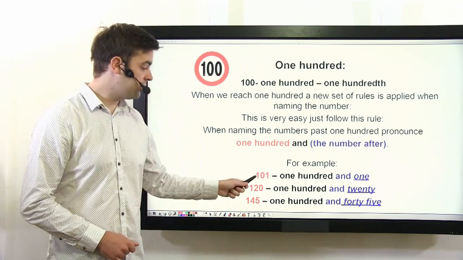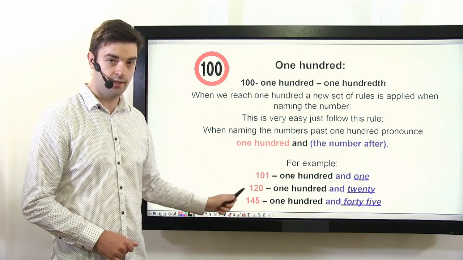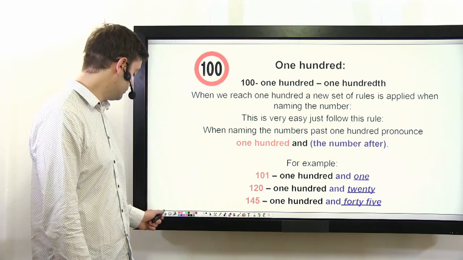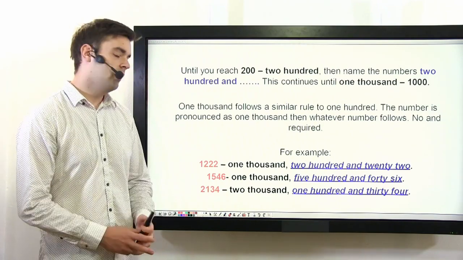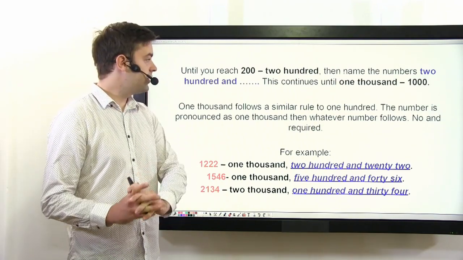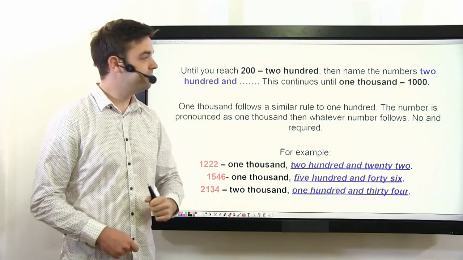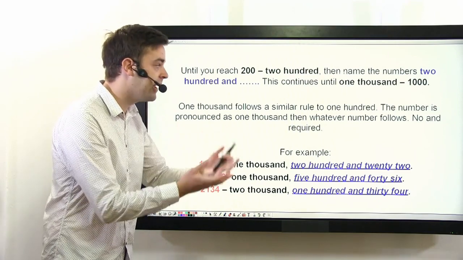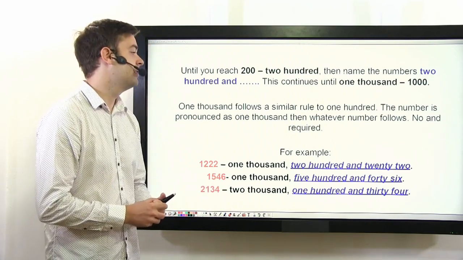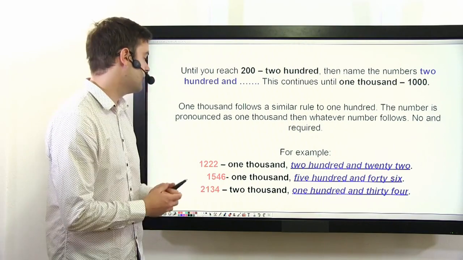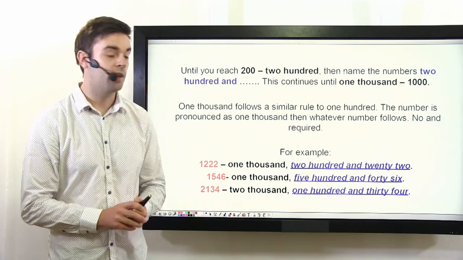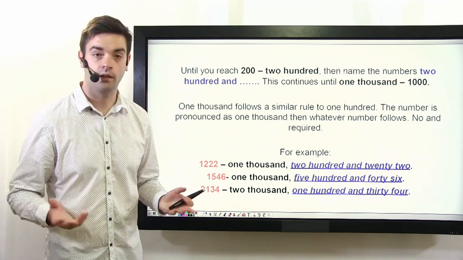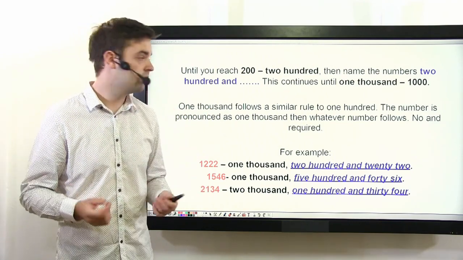So 101, 120, and 145. This is until we reach 200. Then the numbers turn to 200 and. This continues until 1000. For example, 201, 220, 240.